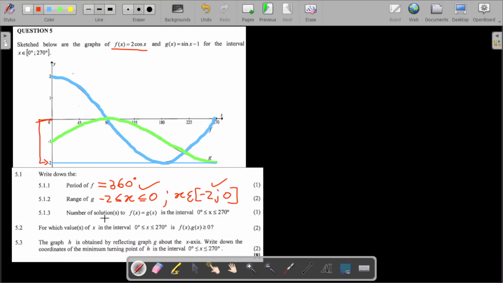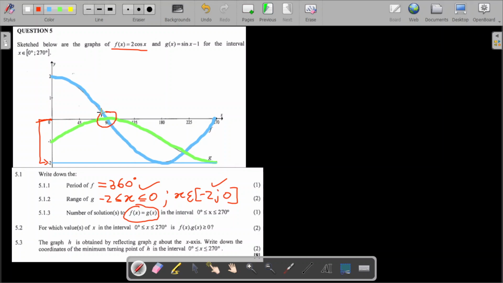5.1.3, they're asking for the number of solutions. Write down the number of solutions if f(x) is equal to g(x). They are not asking you to calculate, they're asking how many solutions you can find here. So we go into our graph and see where y is equal to another y, meaning f(x) is equal to g(x). This is a point of intersection. I hope everyone knows that one.